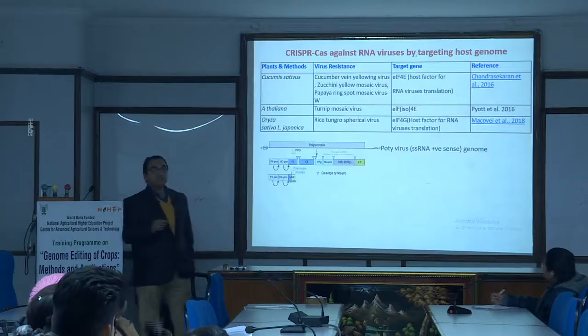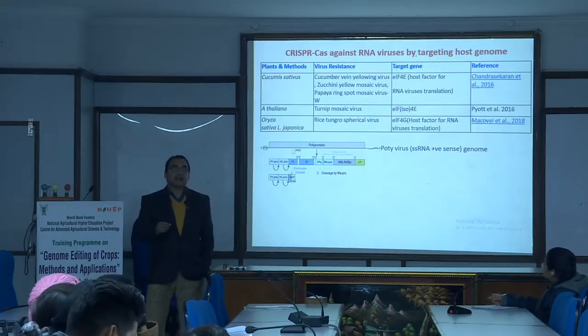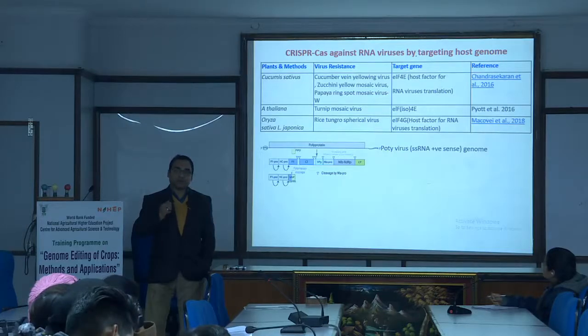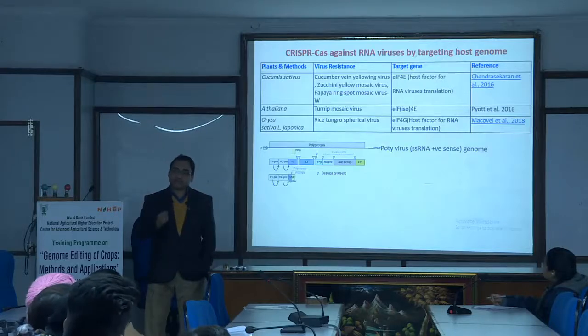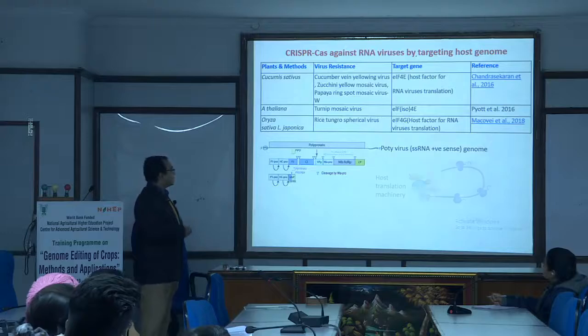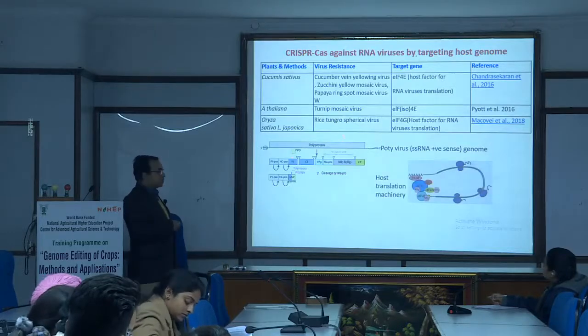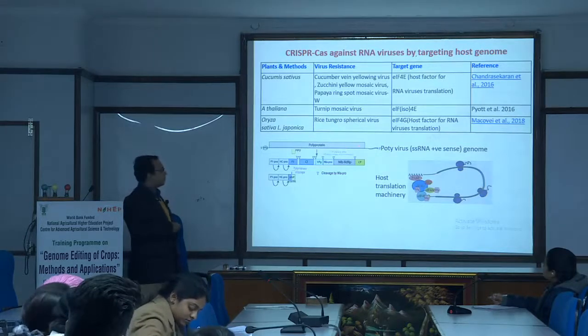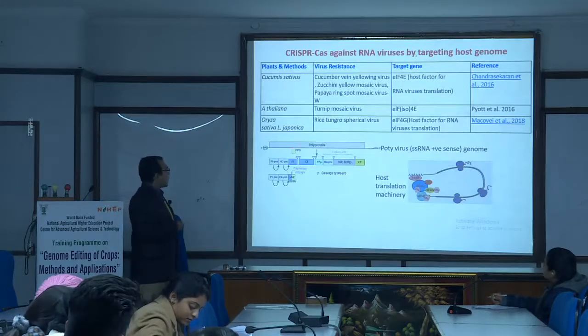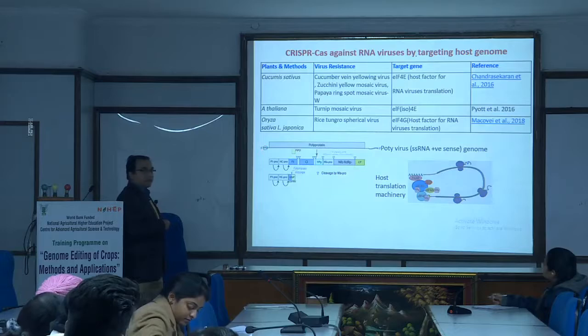People have shown that different alleles of the EIF4E complex help the virus to establish the infection. And how do they do it? This is an RNA virus which is replicating using this system. This virus has, at the 5 prime end, the viral RNA attached to a protein.